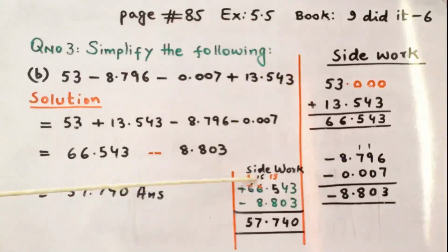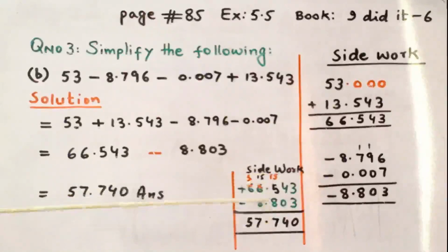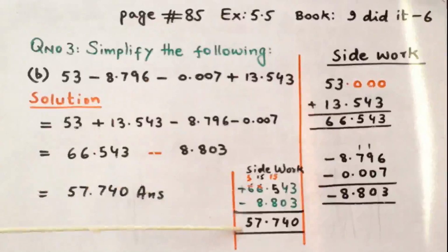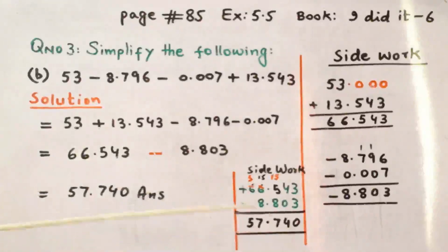Shift 1 here. 16 is here. Again take 1 carry. Now 15 is here and here is 15. 15 minus 8, 7 is here. Put decimal. 15 minus 8, 7 is here. 5 is left. 5 is here. 57.740 is the answer.